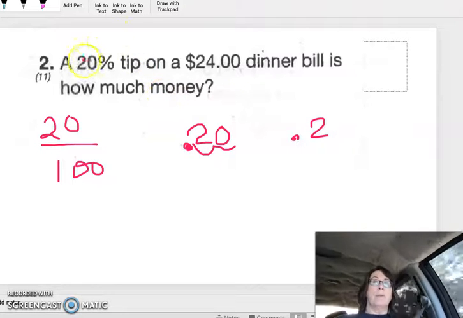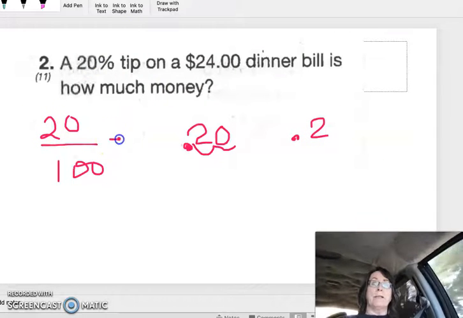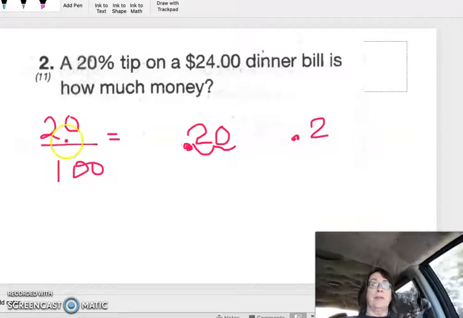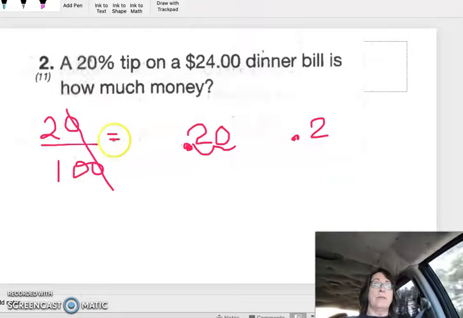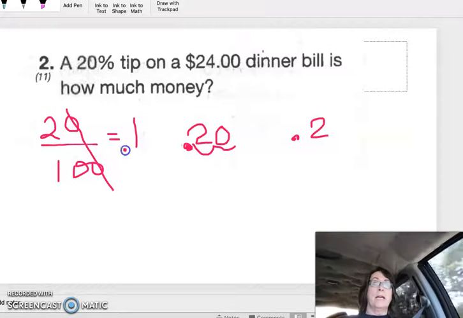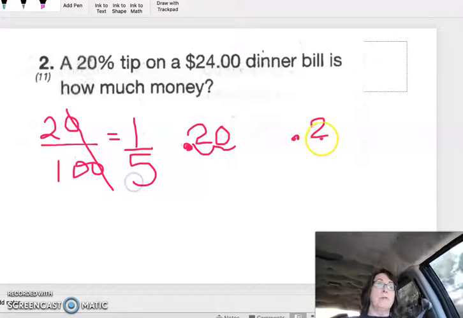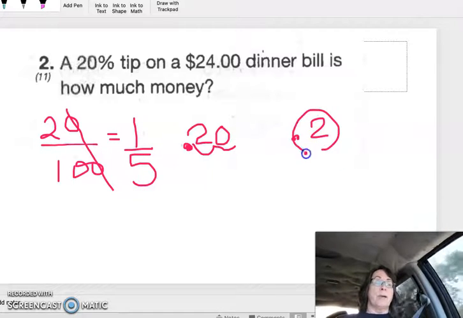Okay, so 20% tip is 0.2. If I were to simplify 20 over 100, cancel out the trailing zeros, I would get 2/10 or 1/5. So if we wanted to do it with fractions, we could use 1/5. If we want to do it with decimals, we use 0.2.